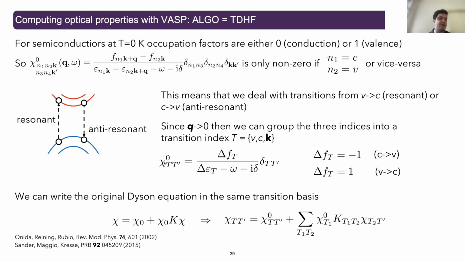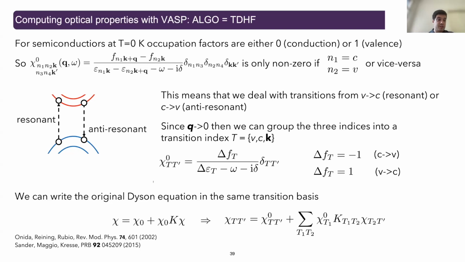And in this notation, this chi naught, instead of having n1, n2, k, will now have indices t and t prime for different transitions, and will be dependent on the difference in occupations, which is -1 if it's a conduction to valence or anti-resonant transition, or 1 if it's a valence to conduction or a resonant transition.